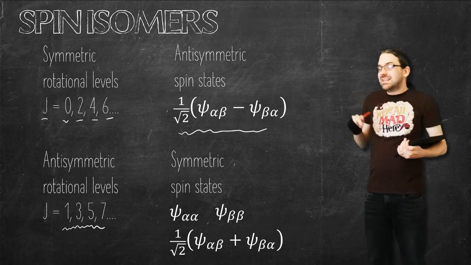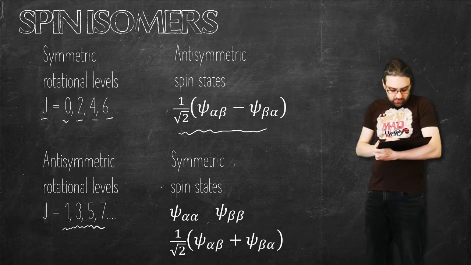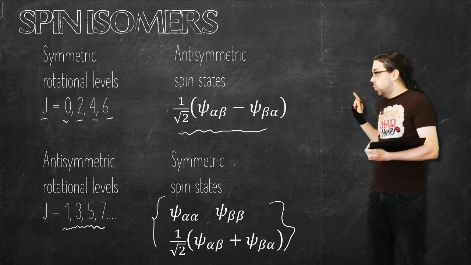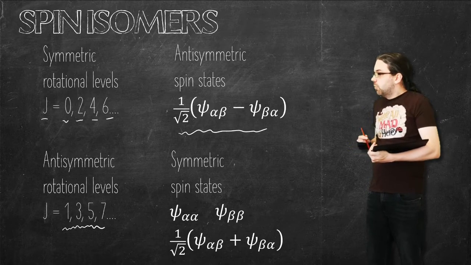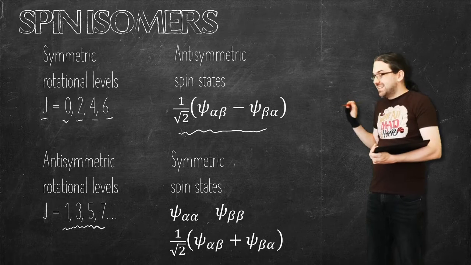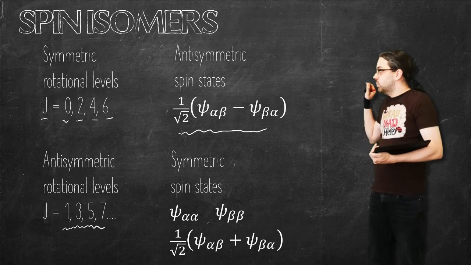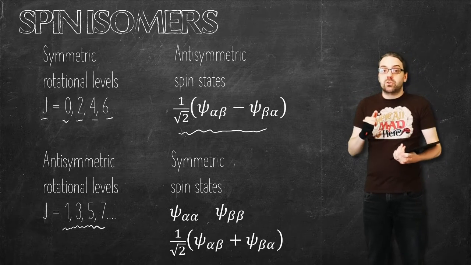So if the molecule is in any one of those numbers, it can only have one of these three spin states. Whereas if it's in the symmetric rotational state, it's restricted to the anti-symmetric spin state. That's interesting because it means we can now pick which spin state of hydrogen we want based on its rotation.